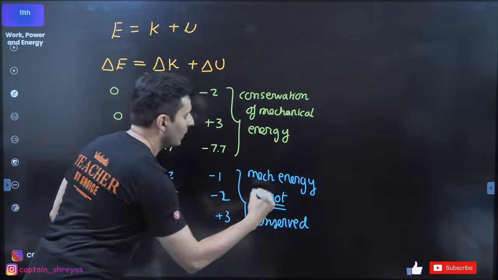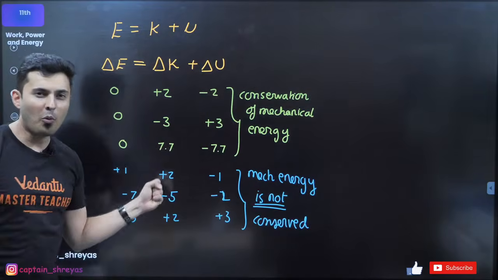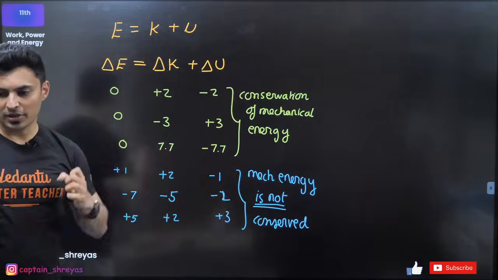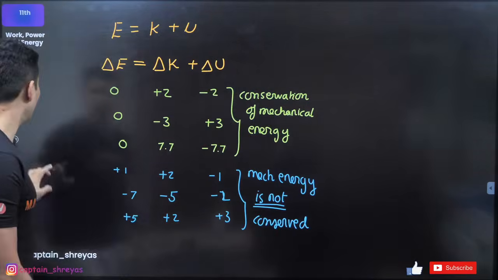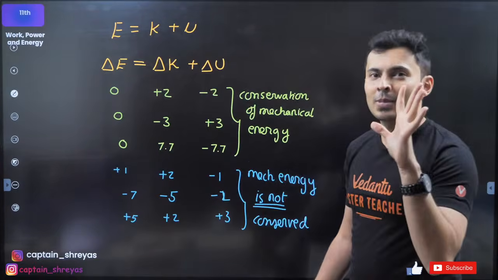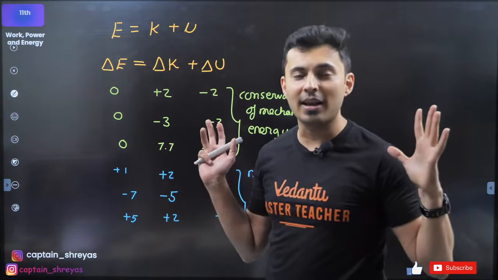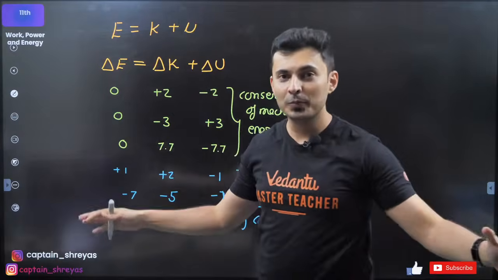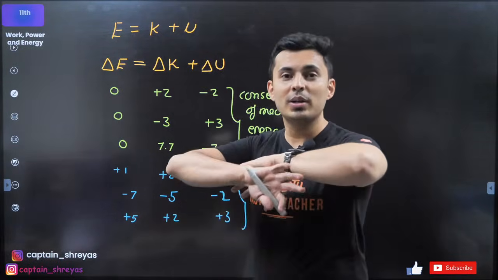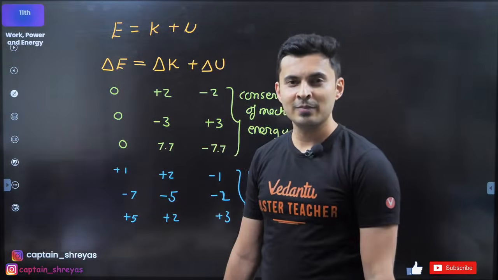Very, very important. Now, when is it conserved? When is it not conserved? That's also very important. Mechanical energy is conserved when evil forces are absent. It's like you do some kind of puja or ritual because you want to take away all the negative energy.